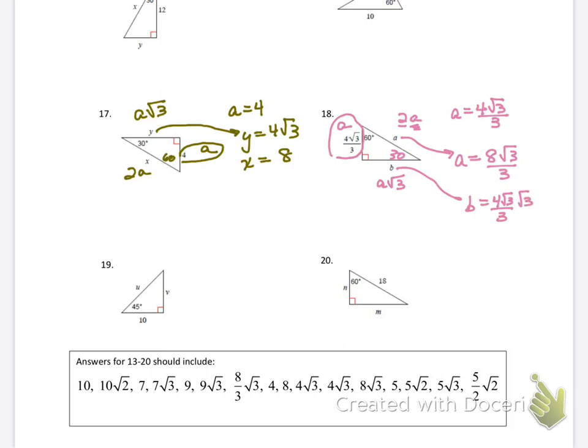Okay, so we have to clean this up. So 4 root 3 times root 3 ends up being root 9, which is 3. Okay, the 3's can cancel, and B will just equal 4. Okay, so their A is 8 root 3 over 3, and their B is 4.